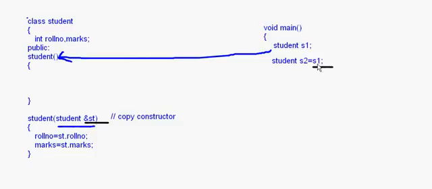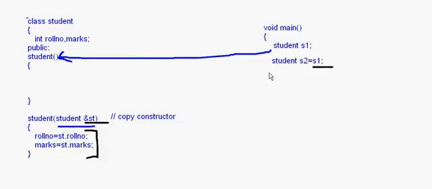So whatever values were there in s1 will be passed to st, and when I say roll number is equal to st dot roll number, it actually means roll number is equal to s1 dot roll number. So since I am making an object student s2, this whole statement translates to something like this: s2 dot roll number is equal to s1 dot roll number, right? So that's how it works.